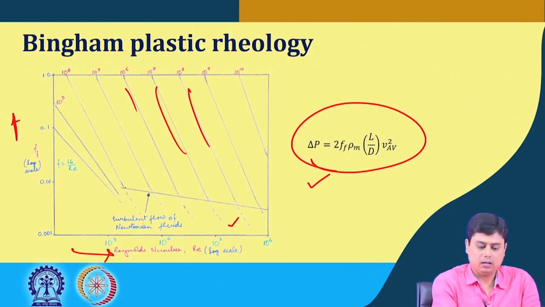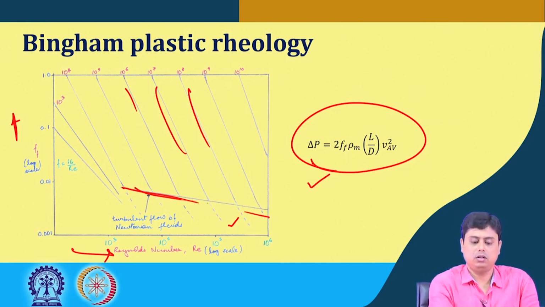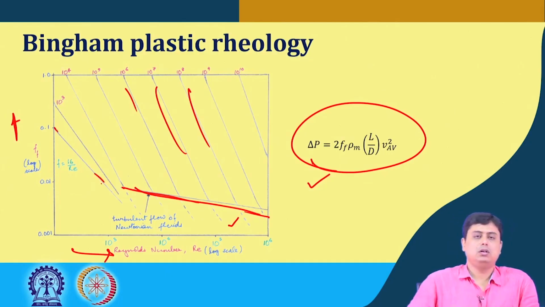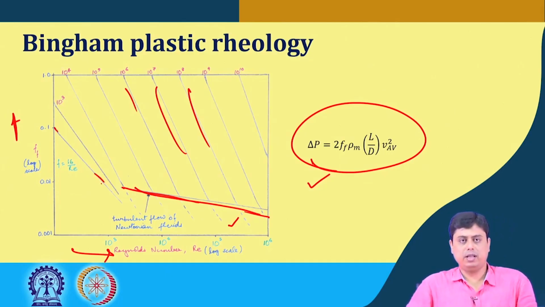So, this line is what is for the Newtonian liquid or the Newtonian fluid in turbulent condition. This is what was for laminar condition, 16 by Re.